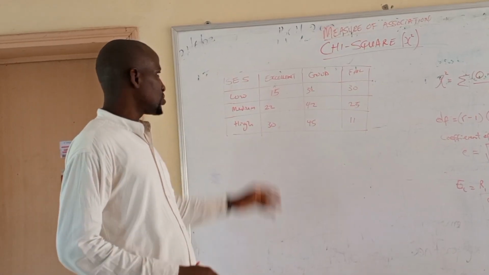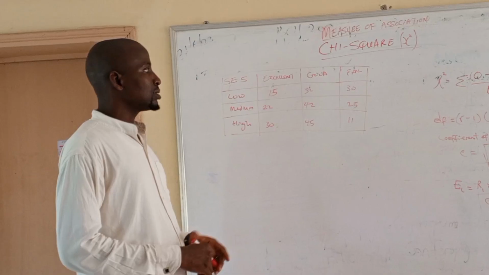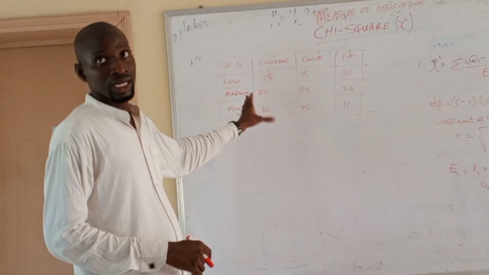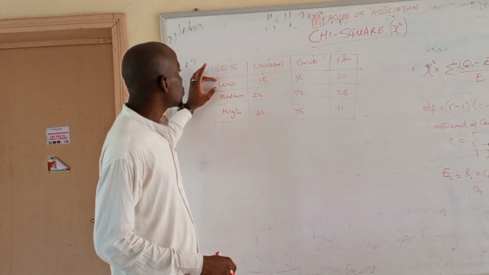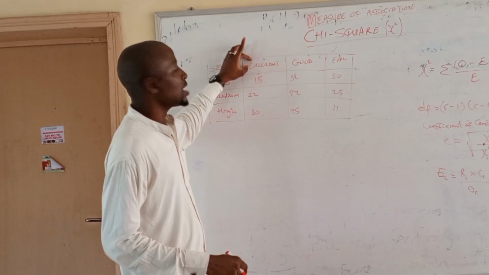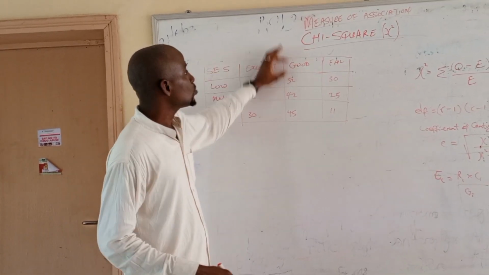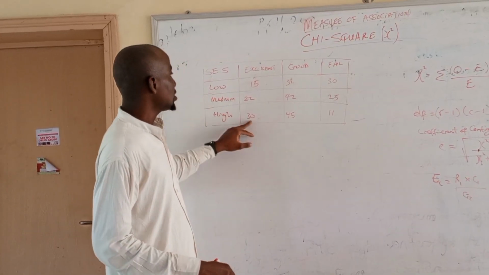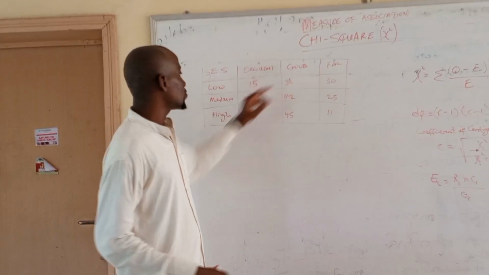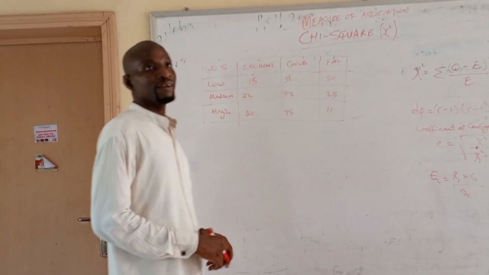By implication, this table is known as the chi-square summary table, telling us that for those that are low, 15 of them are excellent, 32 are good, while 30 are failed. While for high, 30 are excellent, 45 are good, and 11 are failed.